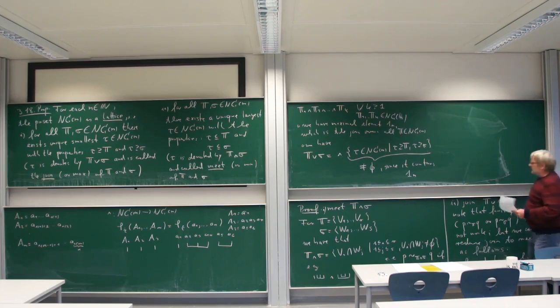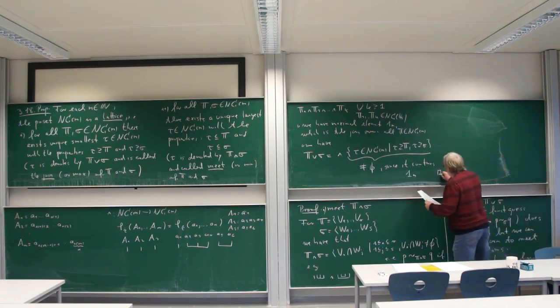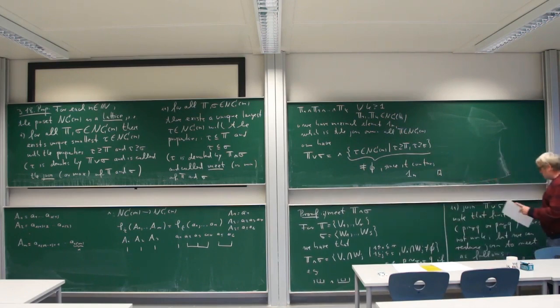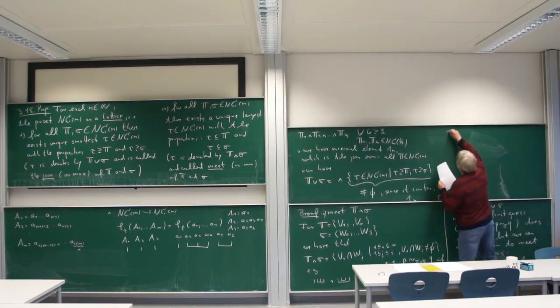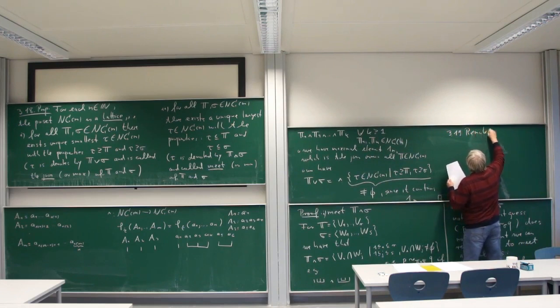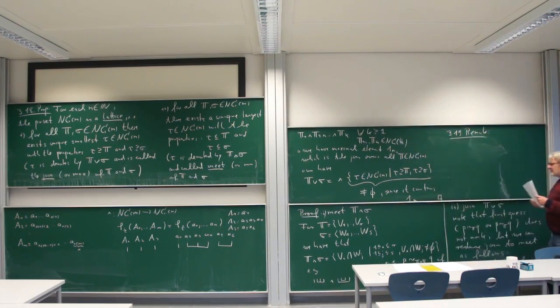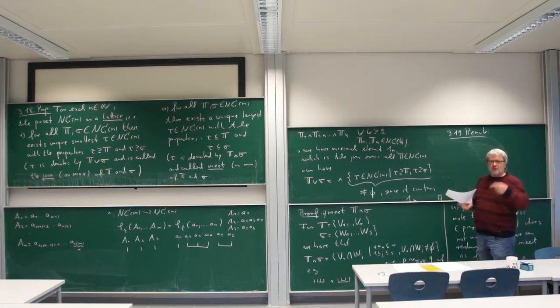Good. Okay, and now maybe let me make a few remarks, maybe to a more concrete way of also describing the join. If you look more carefully, we still can describe the join somehow, but it's not just given by taking the union of blocks. And maybe the first remark is that actually we could do the same things, not in a poset of non-crossing partitions, but in a poset of all partitions.